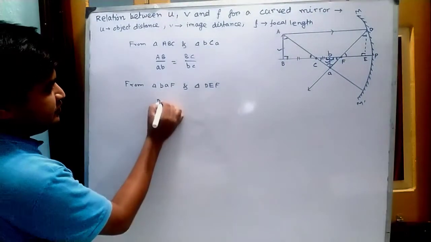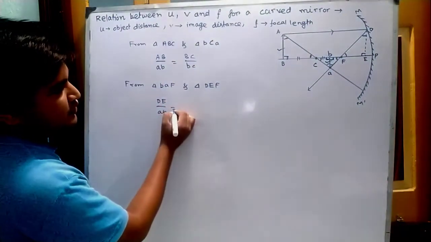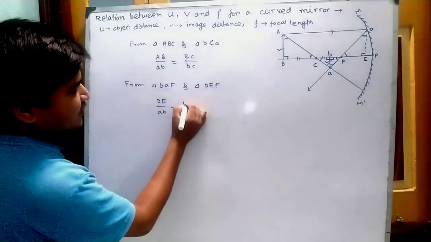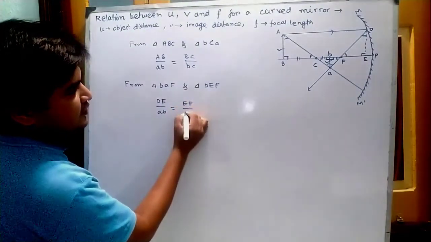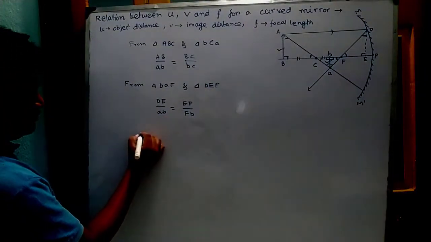So from the law, DE by A'B' equals EF by FB'.